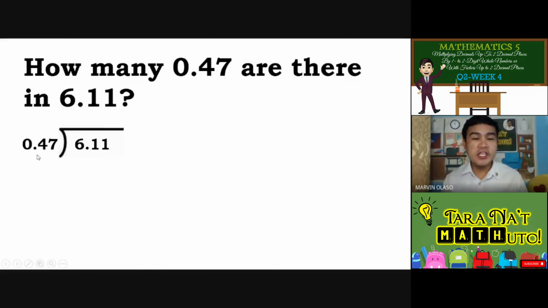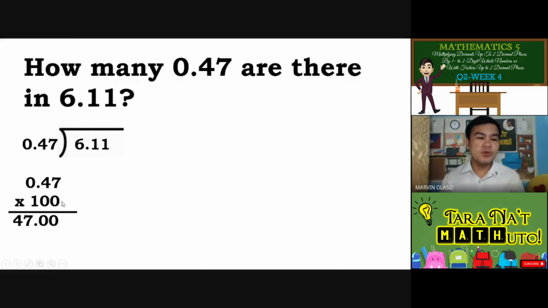So, let's find now how many 47 hundredths are there in 6 and 11 hundredths. So, let's follow since parehas pa rin sila decimal number. Let's follow the step by step. Okay, step number 1, the long method. Let's multiply how many places there? 2, so we will multiply it by 100. 47 times 100, we have 47. And then put the decimal point 2 places. So we have now 47.00, which is equal to 47. Also, 6 and 11 hundredths times 100.